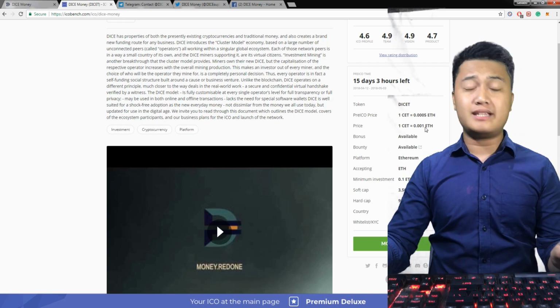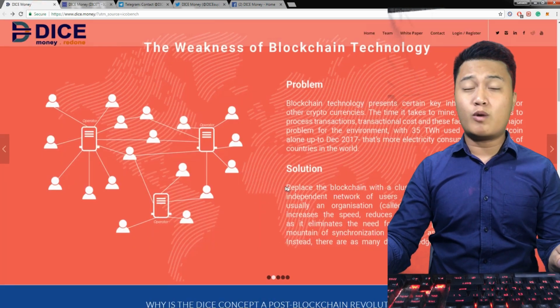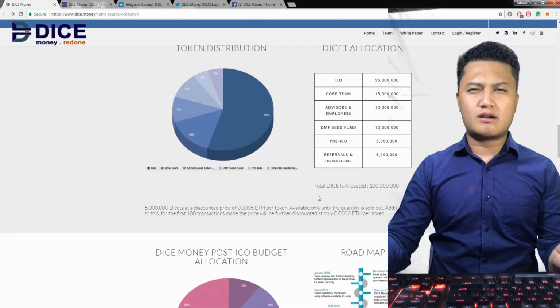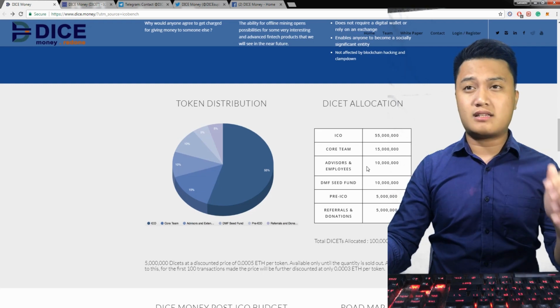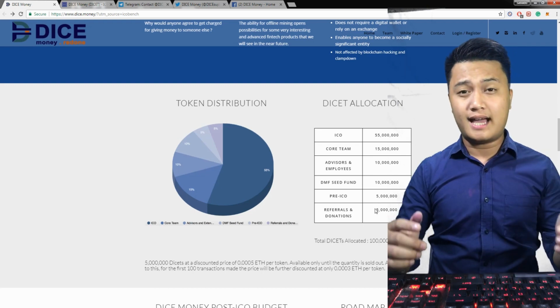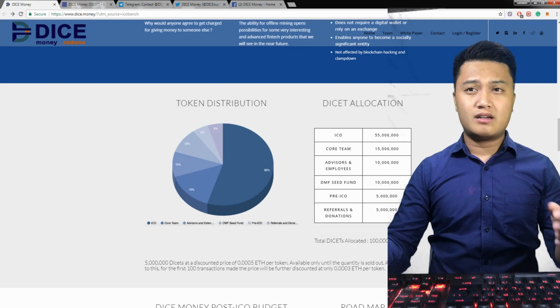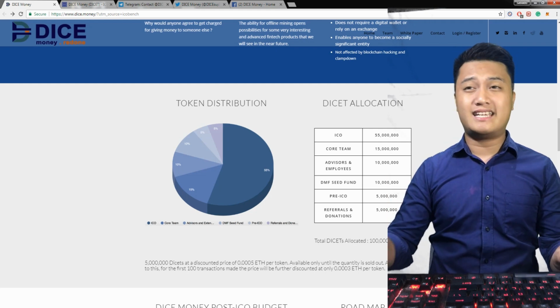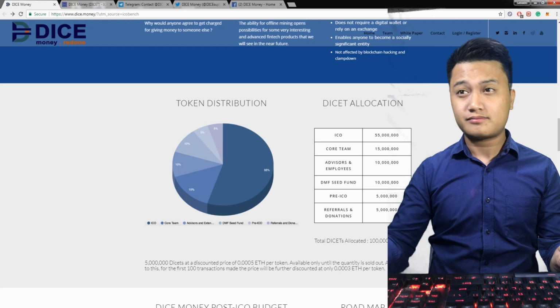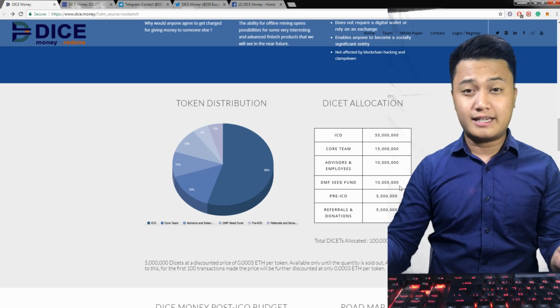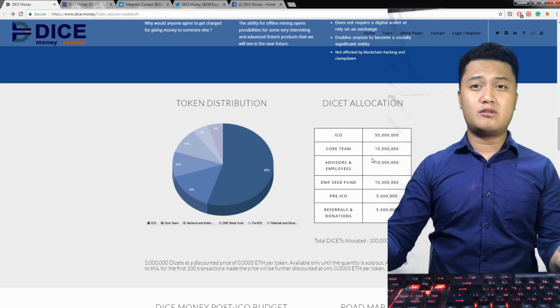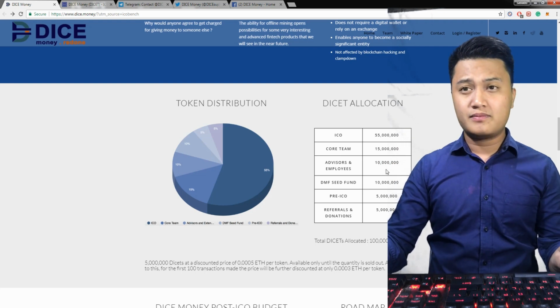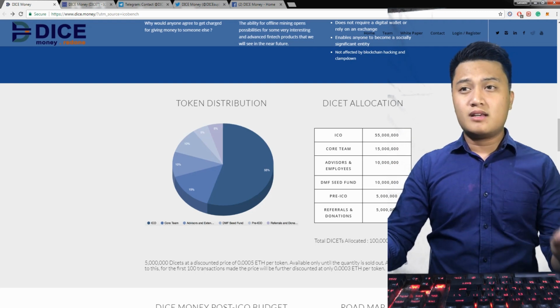The total supply of DCET tokens is exactly 100 million tokens. Around 65 million goes to the token sale, and that includes the pre-ICO, private sale, referrals and donations, and the main ICO token sale. 10 million goes to the Dice Money Foundation seed fund, and 25 million will go to the core team and advisors.